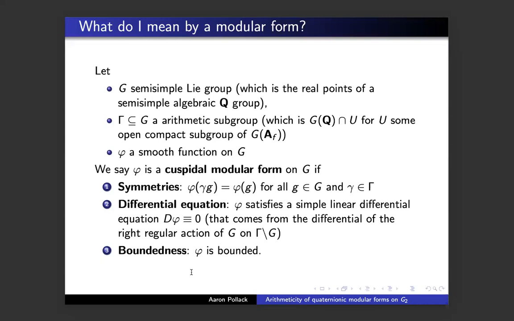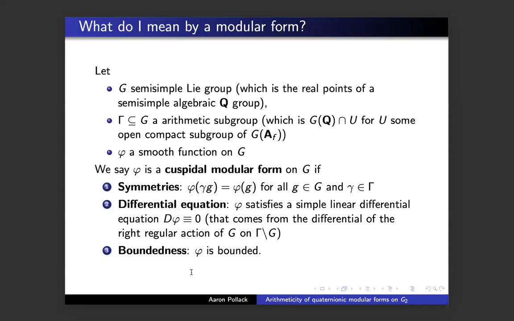So this is a reasonable definition. It's not exactly the standard one, but it's a reasonable one. So one is that phi is left invariant by gamma, for all little gamma in capital gamma. I suppose that it satisfies a simple linear differential equation, D phi equals 0, first order even.